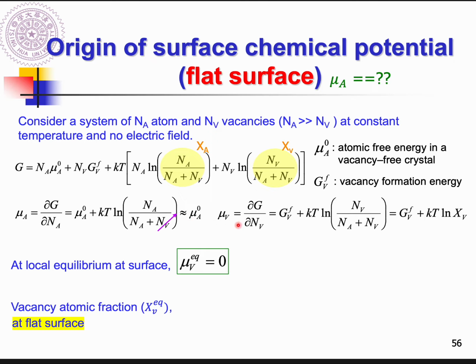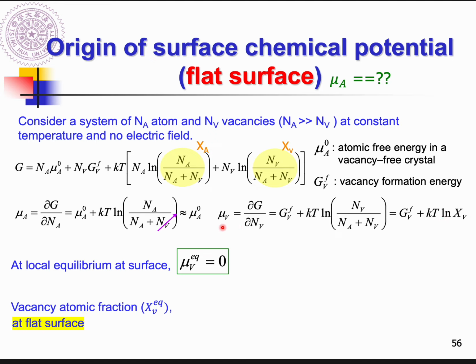And then we want to know the chemical potential of the vacancy. So we also take the partial derivative of the Gibbs free energy with respect to Nv. So we only have this term and this term left, which can be expressed as the vacancy formation energy plus KT log XV. So you can use XV to substitute this term.